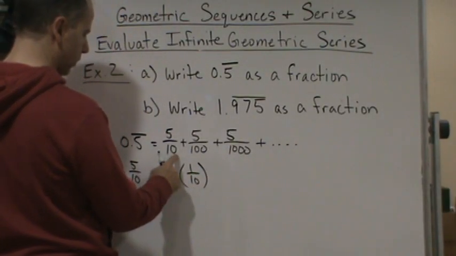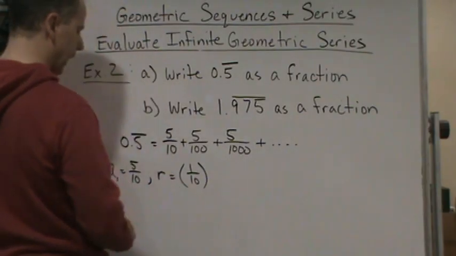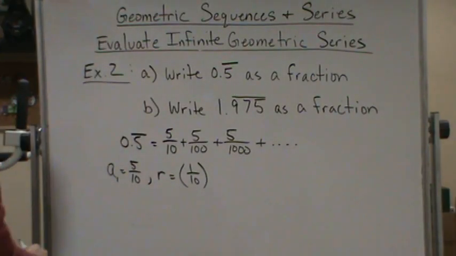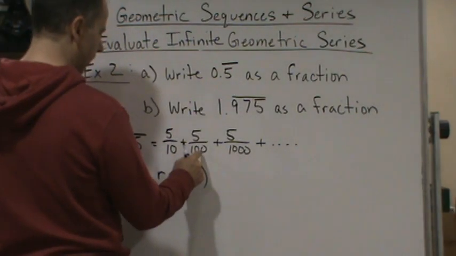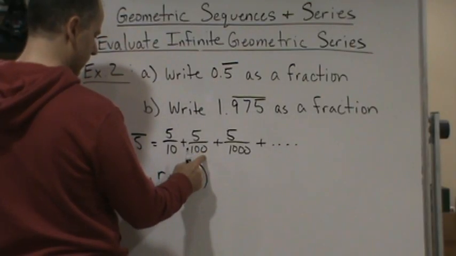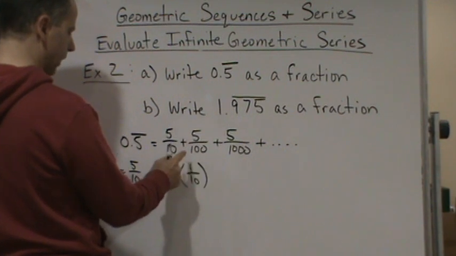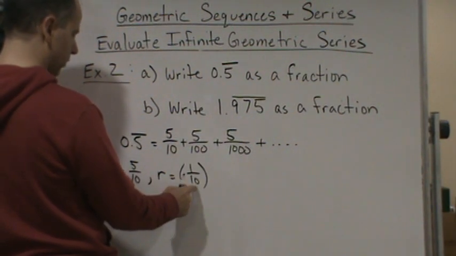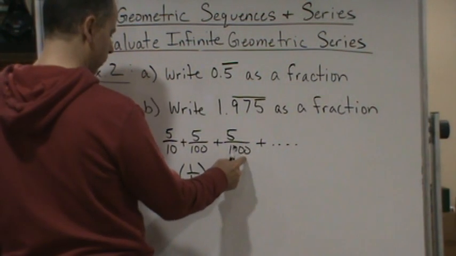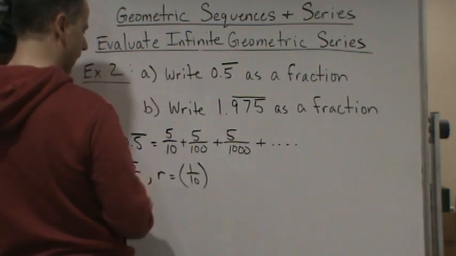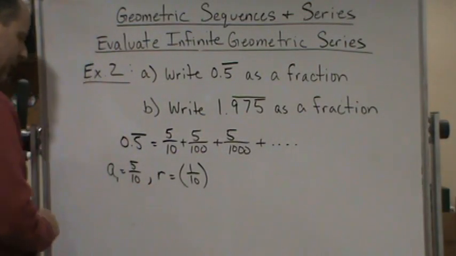So it looks like you're multiplying each term by 1/10. Now you can easily find that by just dividing two of the terms. So take 5/100ths divided by 5/10ths, you'll get 1/10. Or take 5/1000ths and divide it by 5/100ths and you'll get the same thing, 1/10.